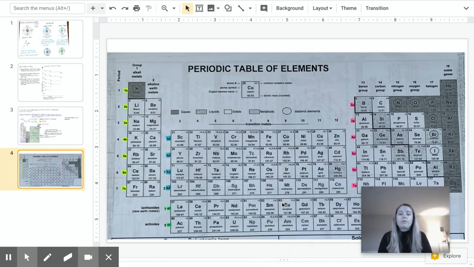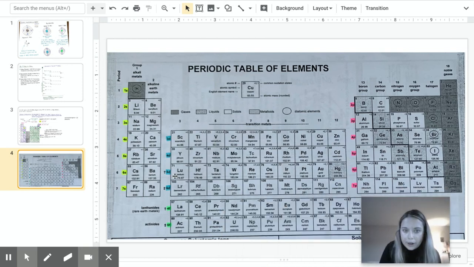So the D block is here, and then the F block. Notice that these are in the same line, so you have to follow that order. So it goes 4S, 3D, 4P. See these little plus signs? They follow in there. So these guys really belong up here.